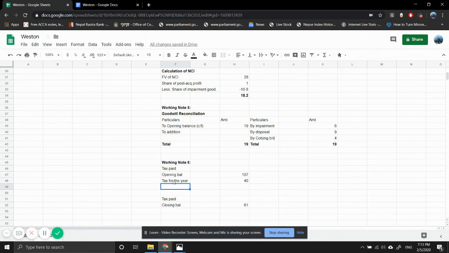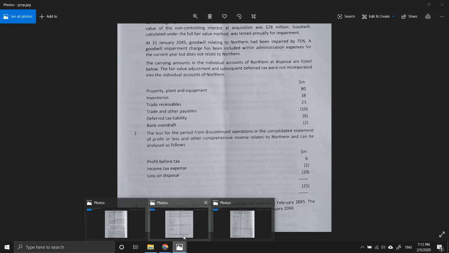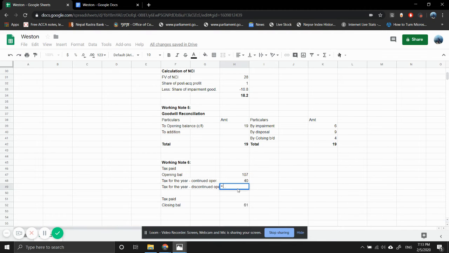Okay, so this is continued operation, but this is discontinued operation, right? So it is minus 2. So that is 2. So there is also something else. So what about the tax on deferred benefit tax?